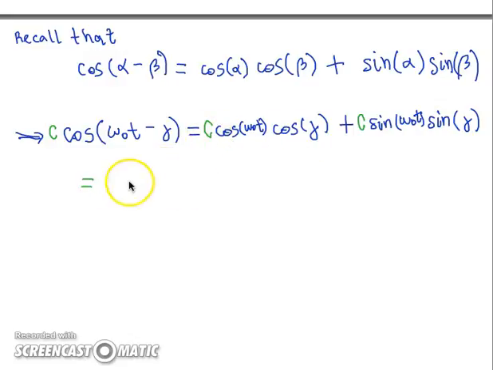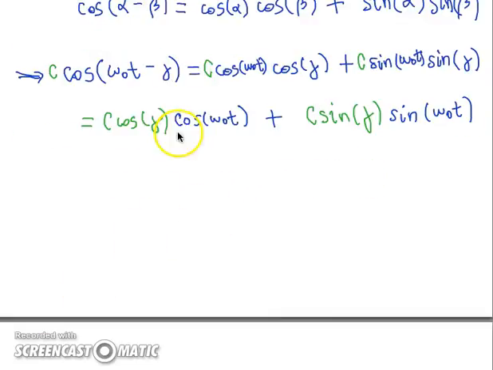We're going to collect c, let's say c cosine gamma, and here we have c multiplying sine gamma. Gamma is a constant, and therefore cosine and sine evaluated at this constant is also another constant value. So we can rewrite the terms in this way, and in fact we can think of this as a constant times another constant.